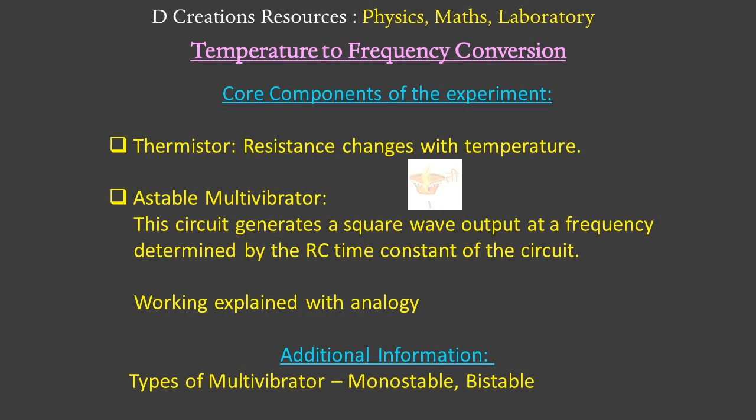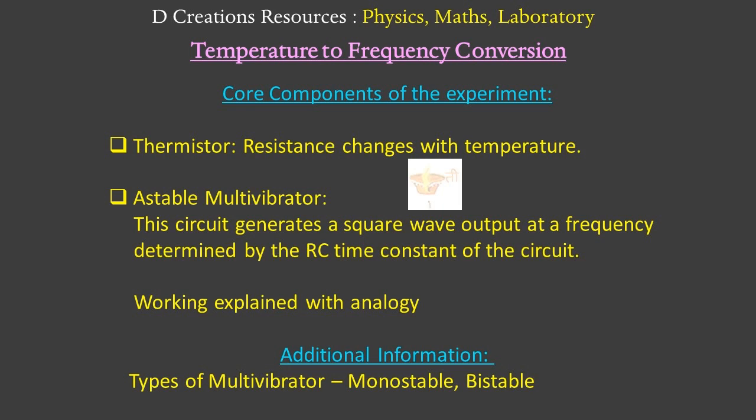To give a simple analogy, imagine that you have two friends who love to take turns doing something. So one minute one friend is doing it and the next minute the other friend is doing it. So that is how it is happening in case of an astable multivibrator. Or you can think of two small switches.